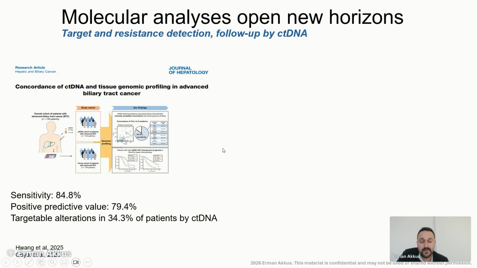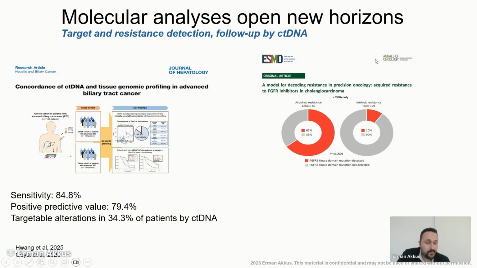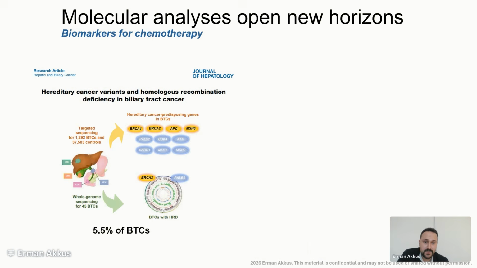So we can use ctDNA to test target mutations, and it's also possible to follow acquired resistance mutations by ctDNA when we treat with FGFR inhibitors.